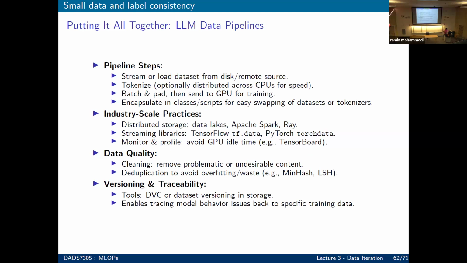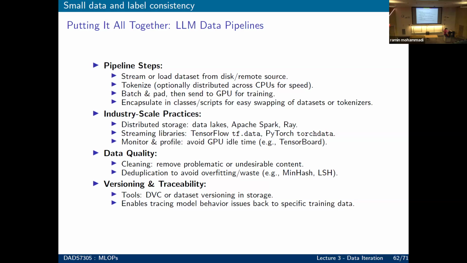When it comes to industry level, you need to distribute the storage. That means you're not reading from a hard drive; you're reading from some cloud service where the data is. You can use data lakes, Apache Spark, Ray. We will have all of those. Streaming libraries like TensorFlow tf.data and PyTorch TorchData all give you streaming options, in case you're using any of those.